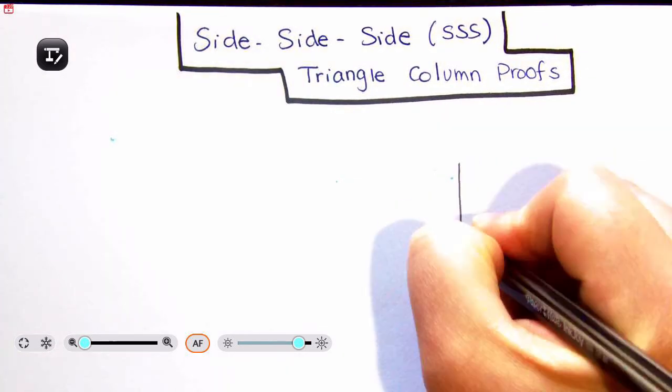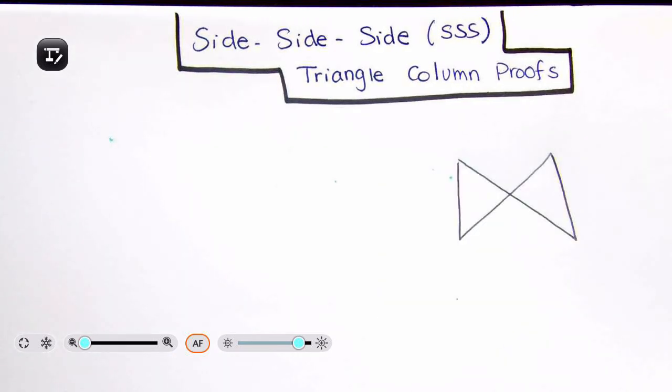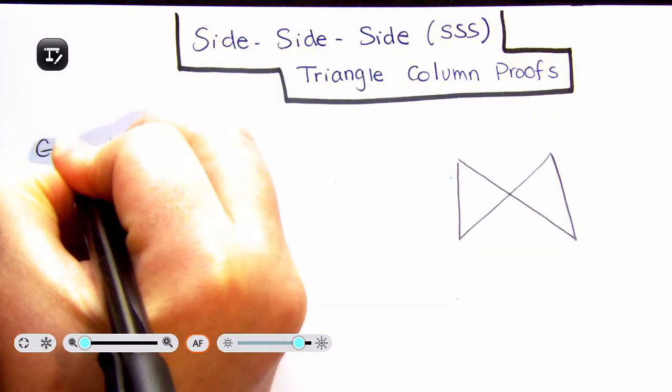So in example number 1, you have 2 triangles like such, and you have your given information.